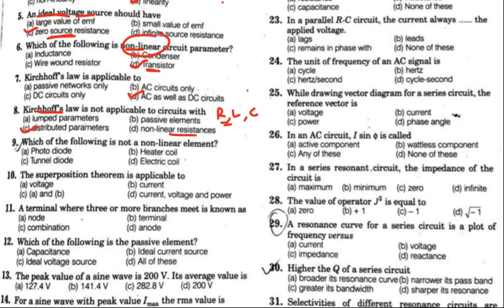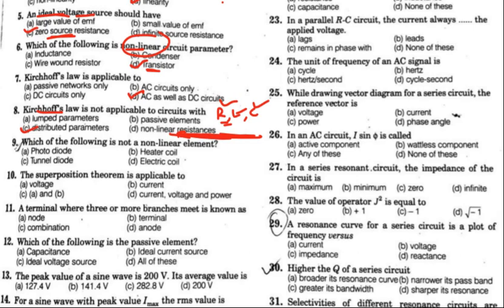If you take any wire, such as a transmission line, we consider resistance, inductance and capacitance. In case of distributed parameters, we can't consider all this, so we can't use the Kirchhoff laws here. So distributed parameters is the correct answer.